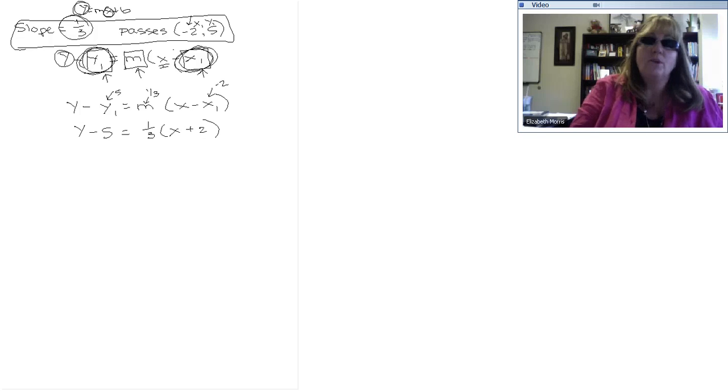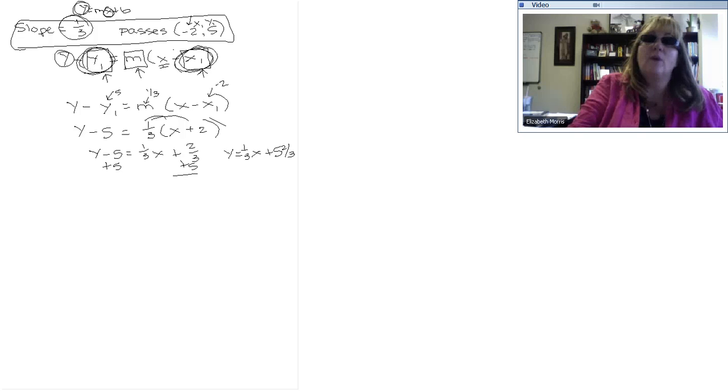If they want you to put it in y equals mx plus b form, you have to do this. So you get y minus 5 equals 1/3 x plus 2/3. And then if you move the 5 over, you get y equals 1/3 x plus 5 2/3, which is y equals mx plus b.